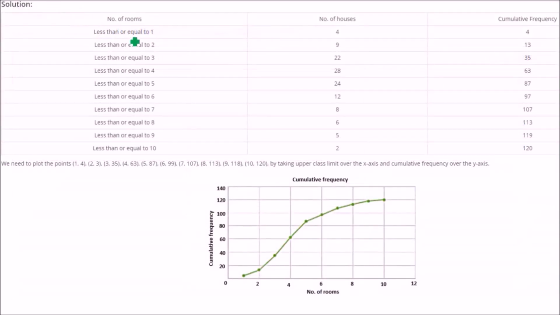When we say less than, that means for the number of houses, we have to compute the cumulative frequency.